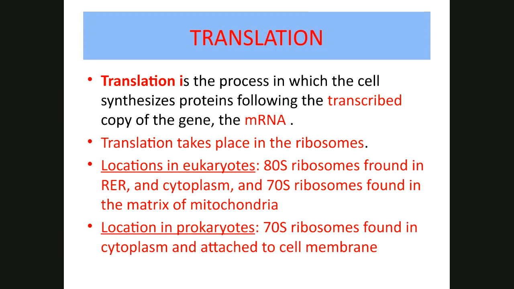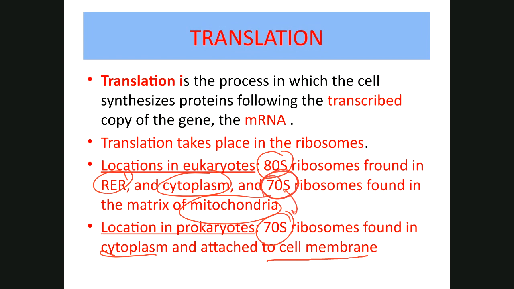They are 80S ribosomes, and they are found in the rough ER and the cytoplasm. In prokaryotes, the ribosomes are 70S, and they're found in the cytoplasm and attached to the cell membrane. The ribosomes of the mitochondria are 70S ribosomes. They're the same as prokaryotic ribosomes.